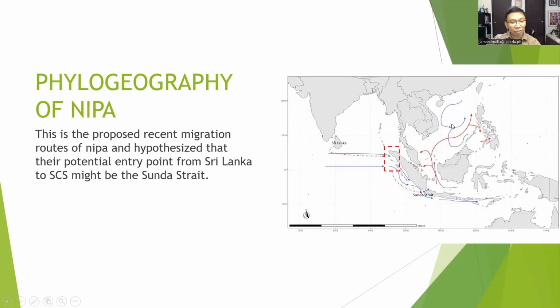These blue arrows are the prevailing surface currents during the southwest monsoon, and these red solid arrows indicate strong migration links during our simulation. So those are the results of our study, and thank you for listening.